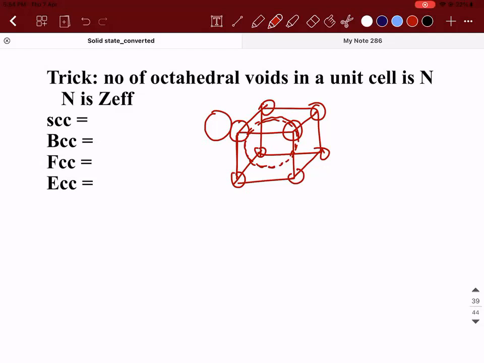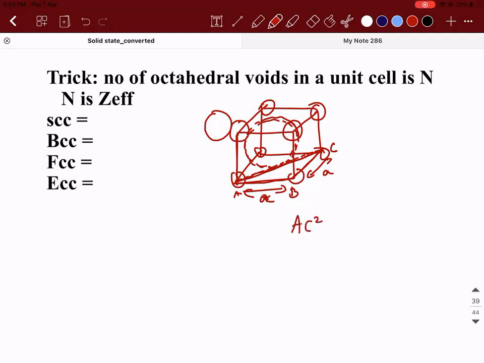Okay. So imagine I'm taking a triangle ABC. This is A, this is A. But you can't say what AC is. It is root 2 A. Why is it root 2?